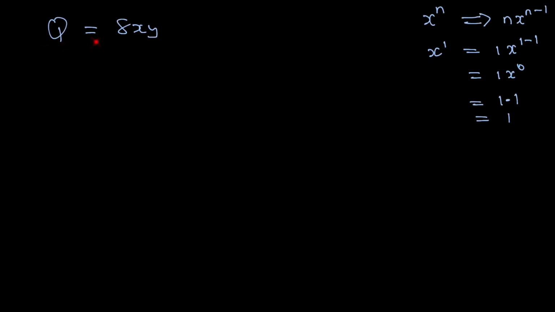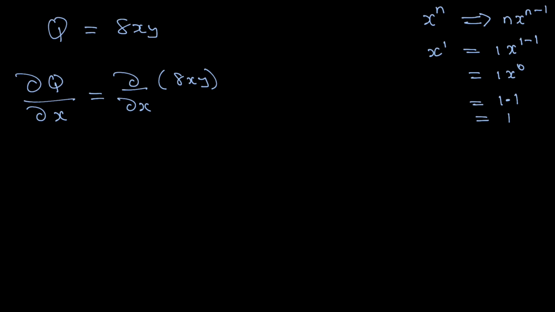Now for q, which is 8xy, the partial derivative of q with respect to x will be the partial derivative with respect to x operating on q, which is 8xy. Because we're doing it with respect to x, y is constant, so I can take it out, and 8 is also constant. So 8y will be taken out. We then have the partial derivative with respect to x of x.